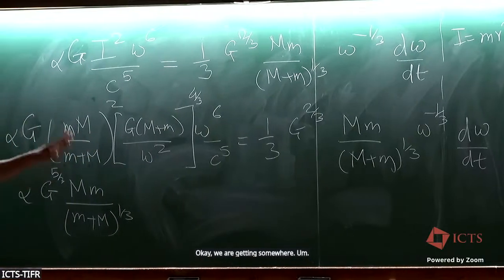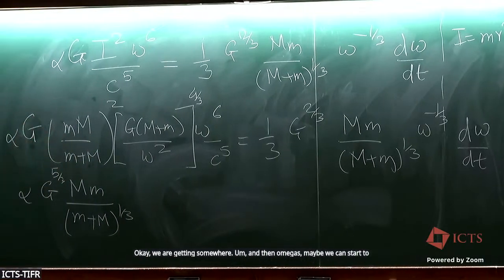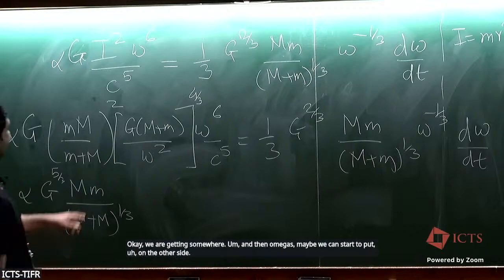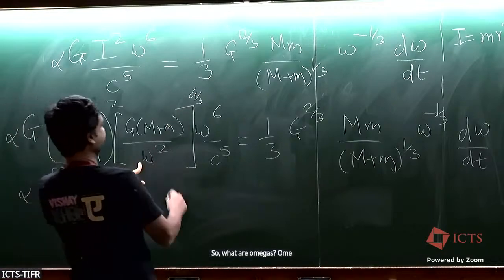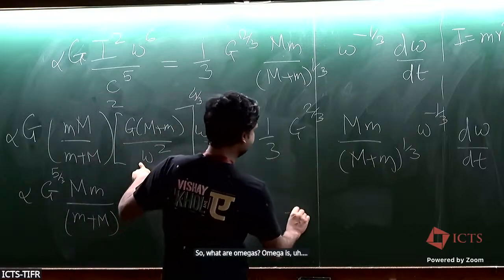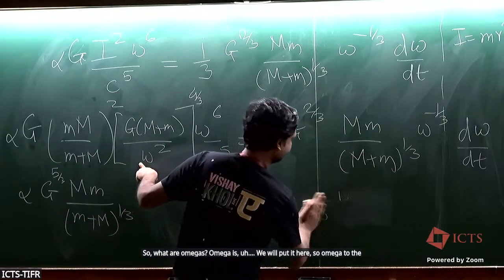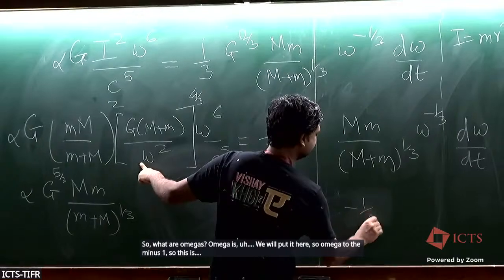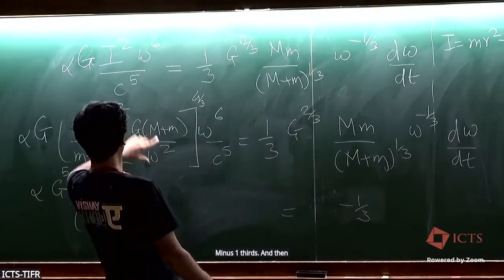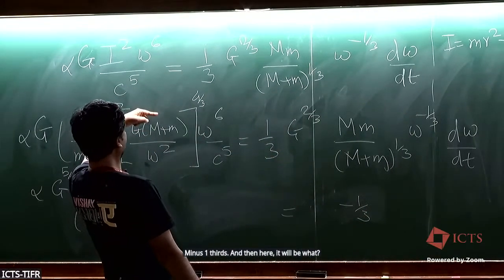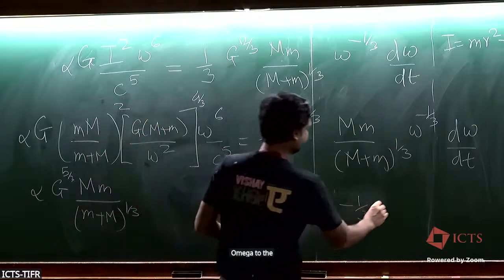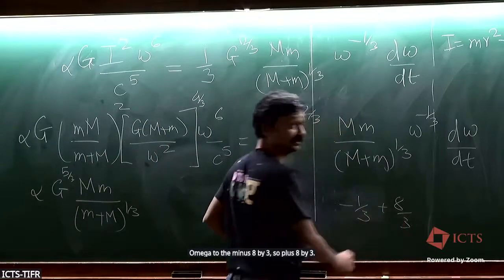And then omegas, maybe we can start to put on the other side. So what are omegas? Omega is, we will put it here. So omega to the minus 1. So this is minus 1/3. And then here it will be what? Omega to the minus 8/3. So plus 8/3, right?